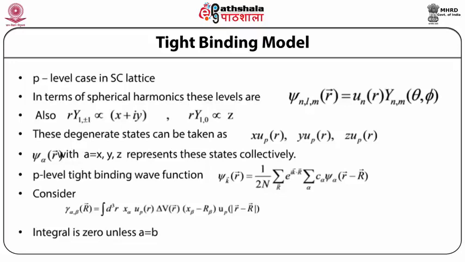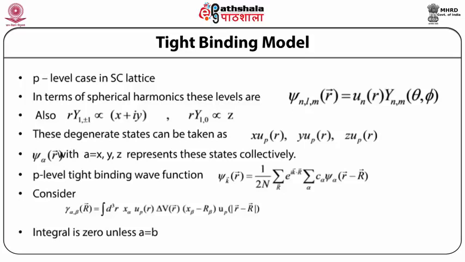As an example, consider the case of p levels in a simple cubic lattice. For an atom, we write these levels in terms of spherical harmonics as described by this equation. However, recall that the spherical harmonic Y L plus minus 1 is proportional to x plus or minus i y. It's complex. And the spherical harmonic Y L0 is proportional to z.